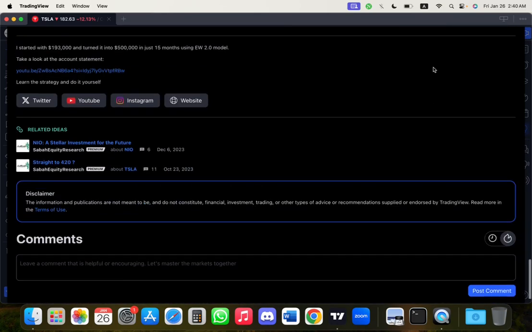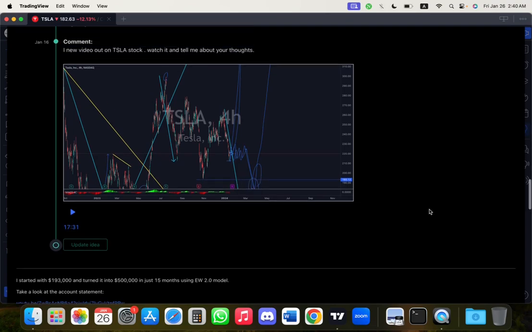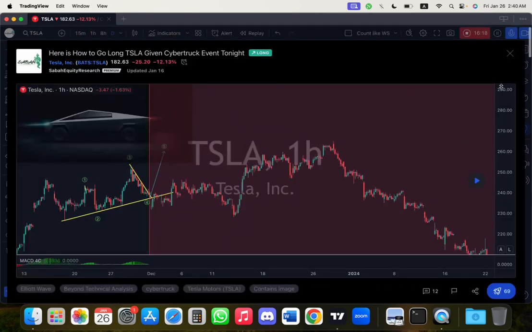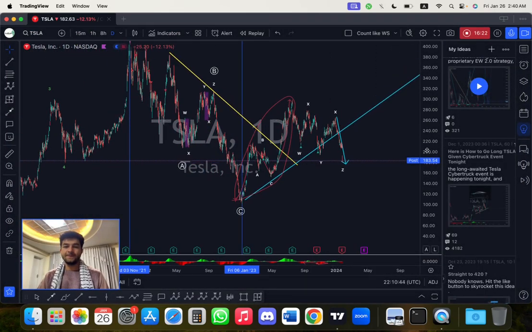So I updated people that any consolidation in this area will send us below 190, potentially to 180.